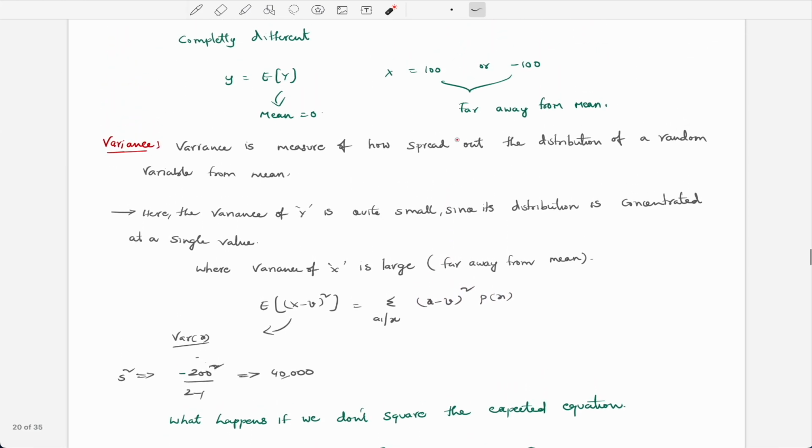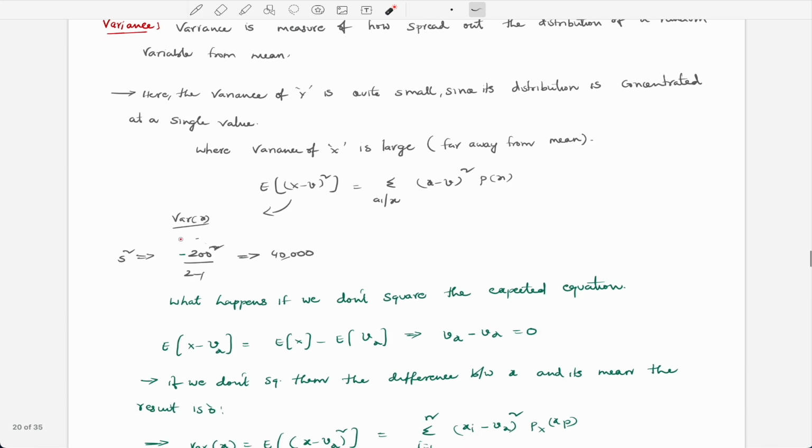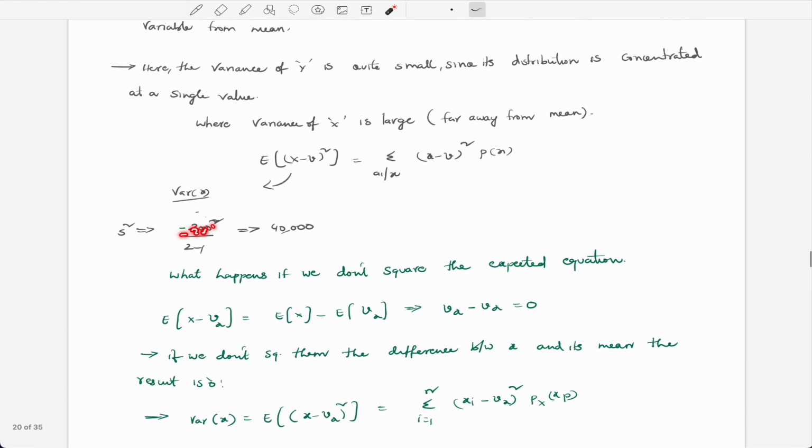If you multiply these two, we're going to get minus 200 squared by 2 minus 1, right? We have n minus 1, I hope you remember that formula. And n is 2 here, the data points are 2, and then we simply do 2 minus 1, and we're going to get 40,000 here. So the variance is 40,000.